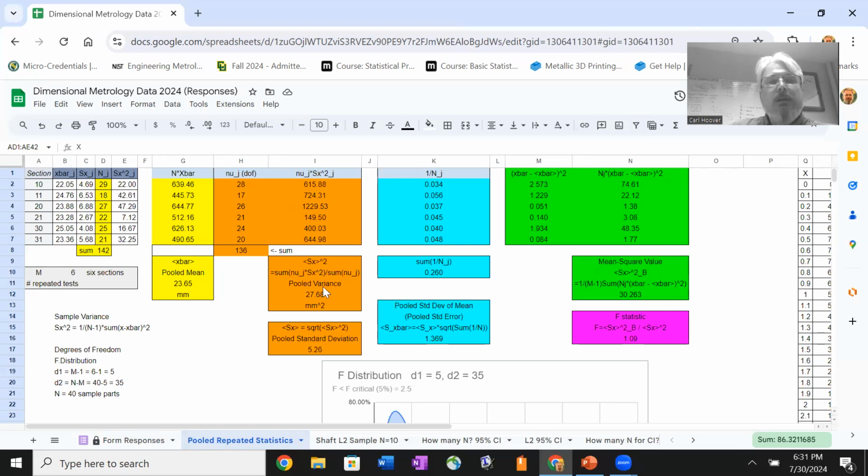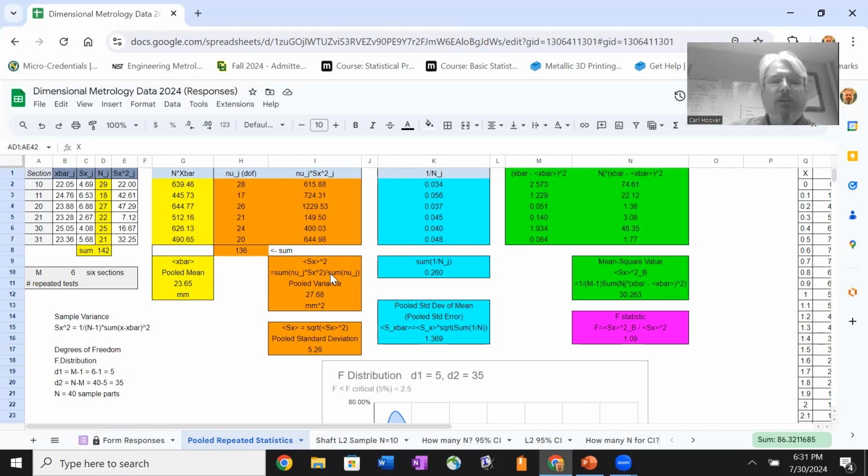Next, we compute the pooled variance, and for that, we need to compute the degrees of freedom, which is just n-1 here, and we multiply degrees of freedom times the variance of that particular pool or that particular section. So then we sum that up.